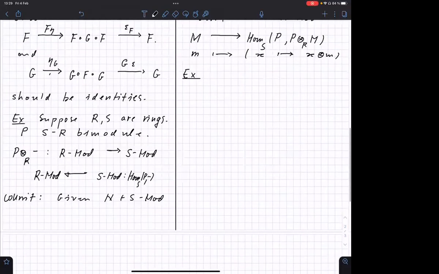So there's a functor free from Set to Group.